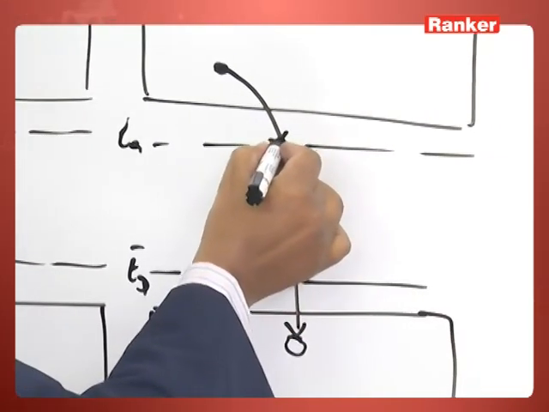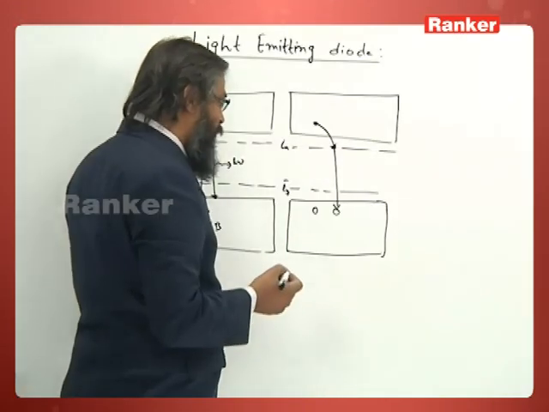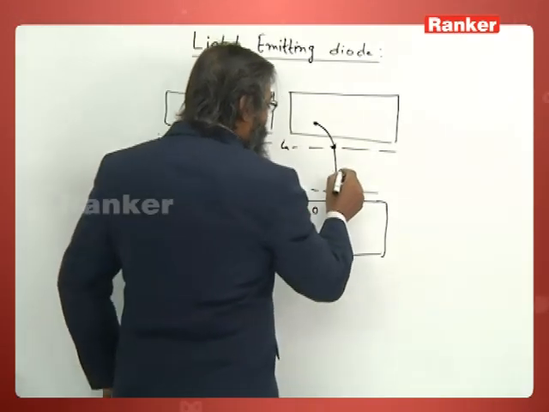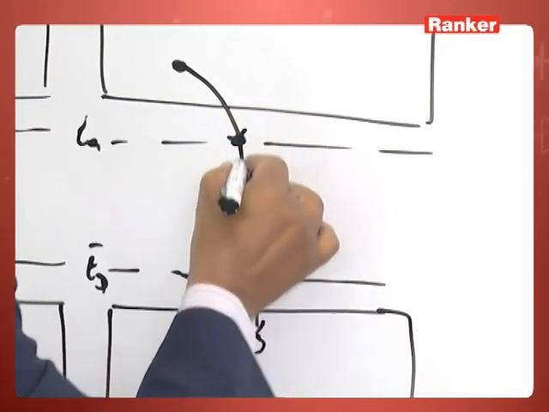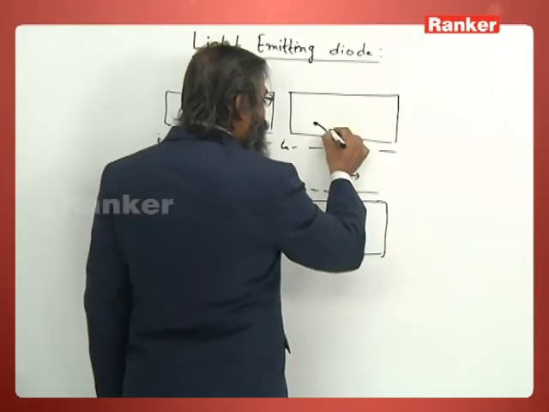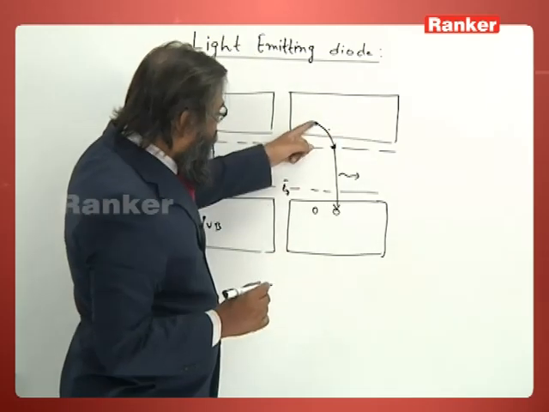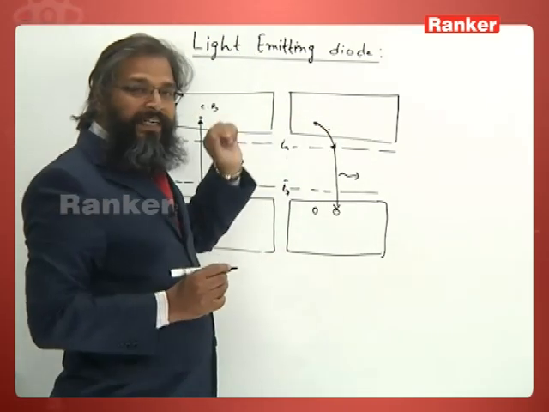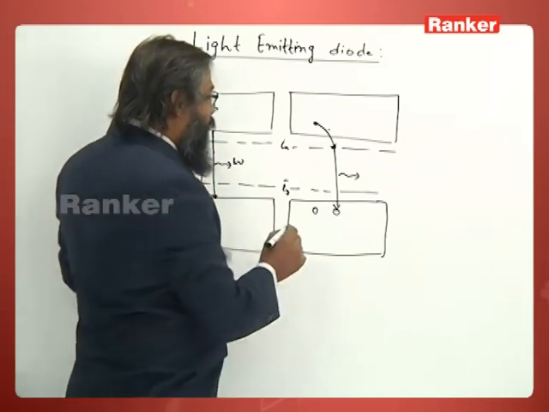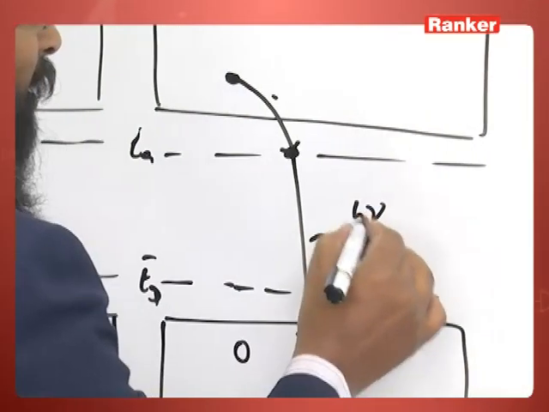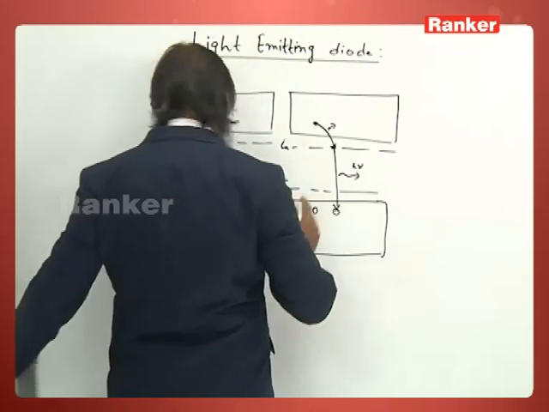So it radiates energy from here to here, and also it can radiate energy from here to here. When it comes from here to here, it emits radiation whose energy lies in the visible range, but this one is non-radiative.